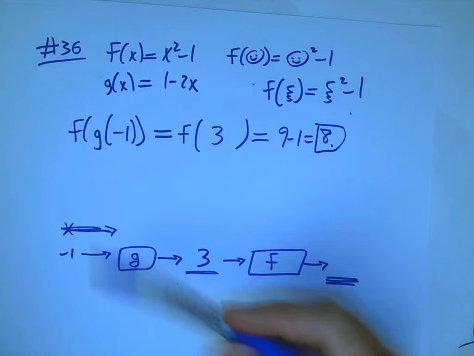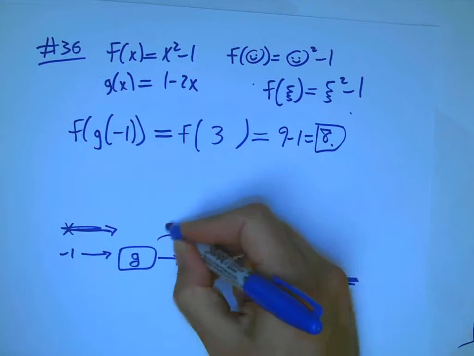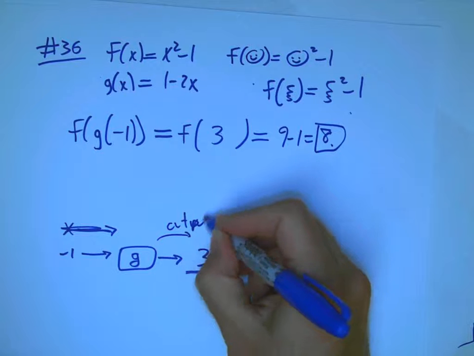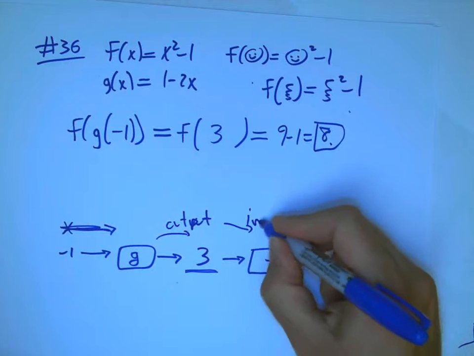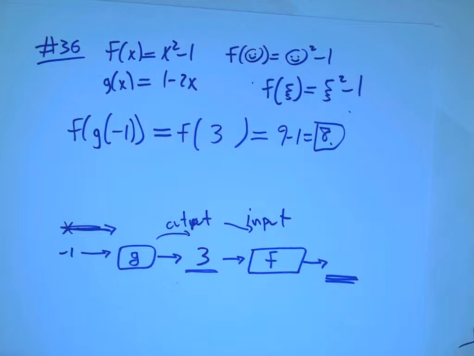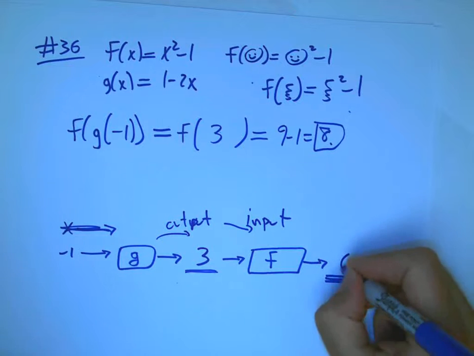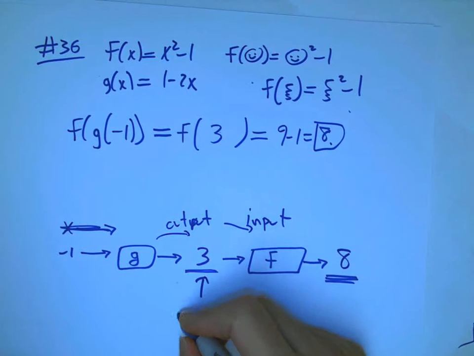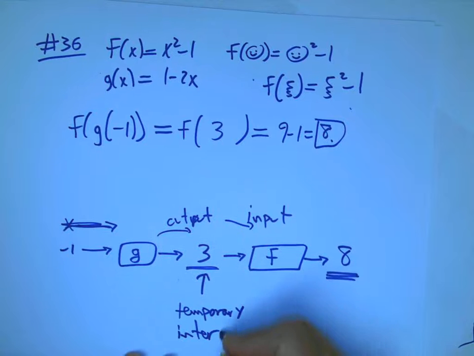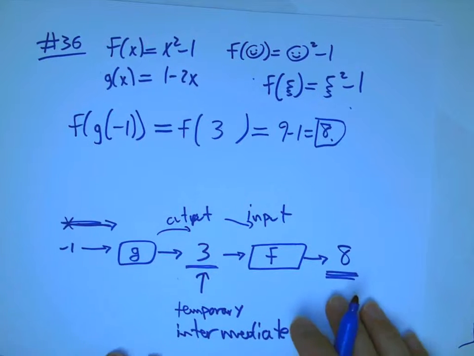So that's the most basic process of combining functions in this way, where the output of g, that's not very legible, becomes the input of f. And the final output. So this is kind of like a temporary or sort of intermediate quantity.